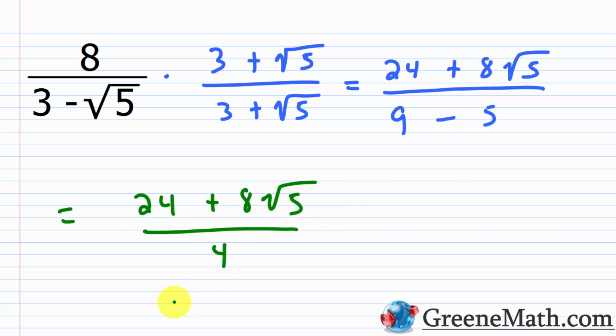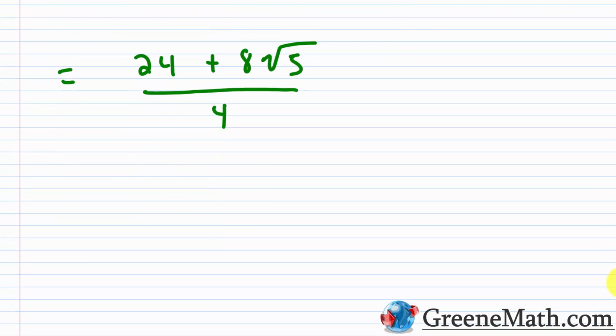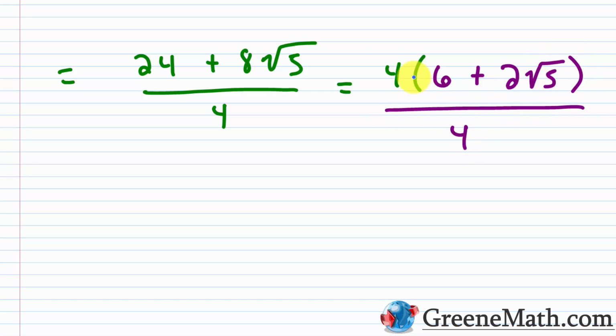Now you can simplify this further because you can factor out a 4 from the numerator. So inside you would have a 6 plus 2 times square root of 5, and this is over 4. I can cancel this with this, and I'd be left with a simplified answer of 6 plus 2 times square root of 5.